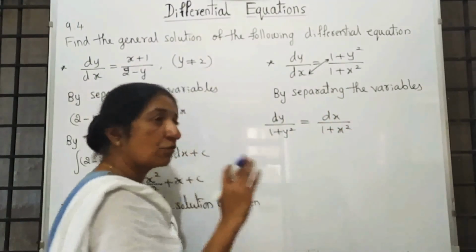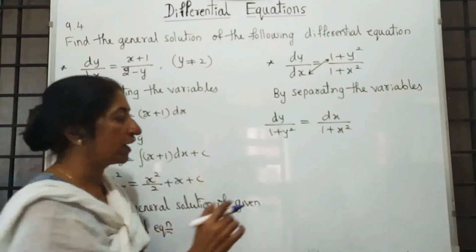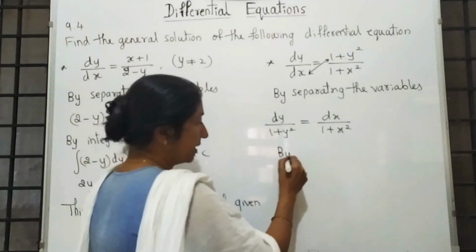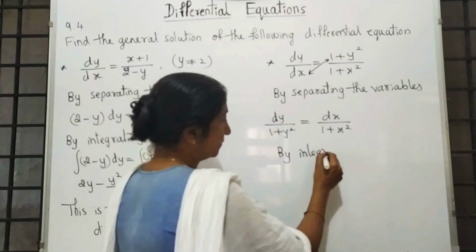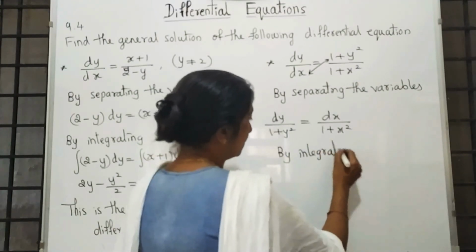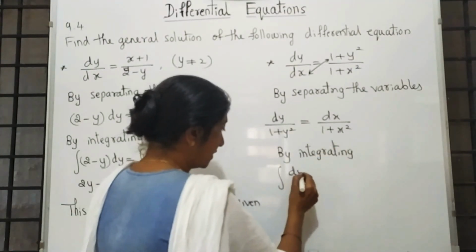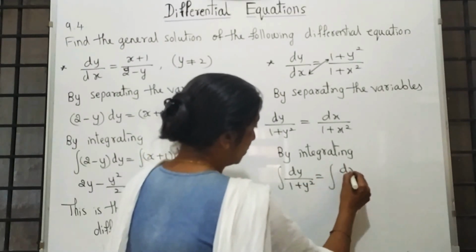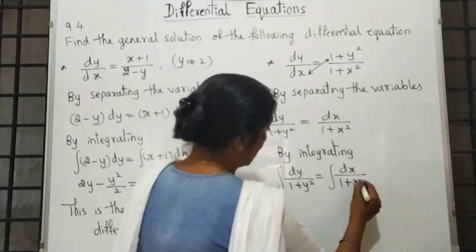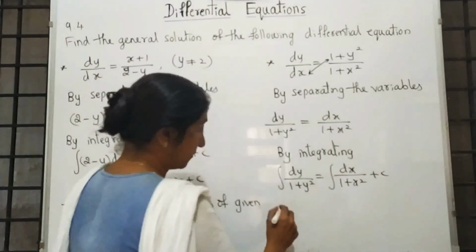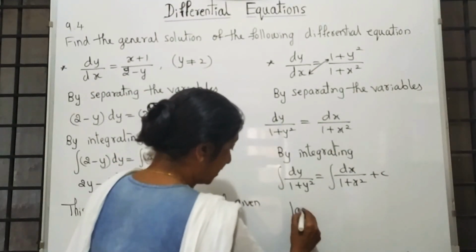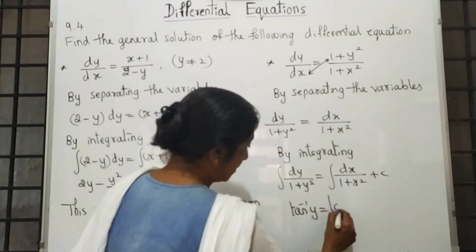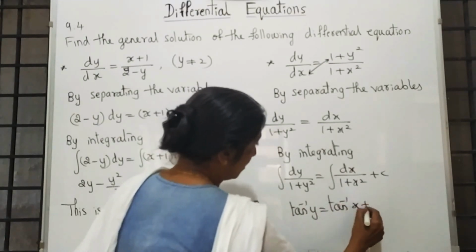See, with dx we have an x, with dy we have a y. By integrating, dy upon 1 plus y square is equal to dx upon 1 plus x square plus c. It is tan inverse y is equal to tan inverse x plus c.